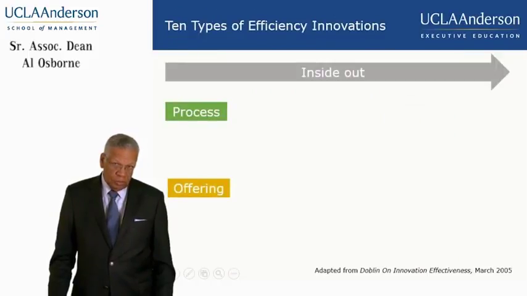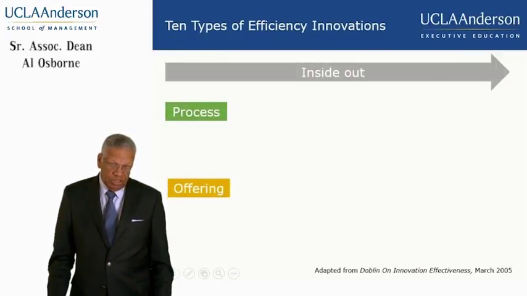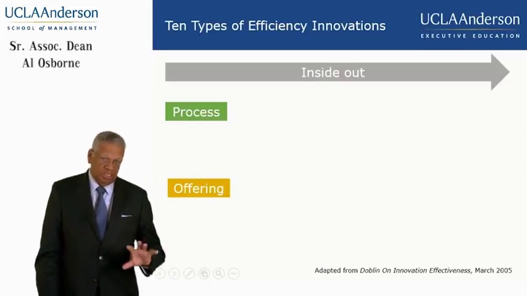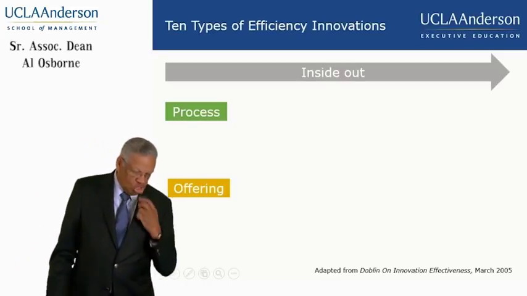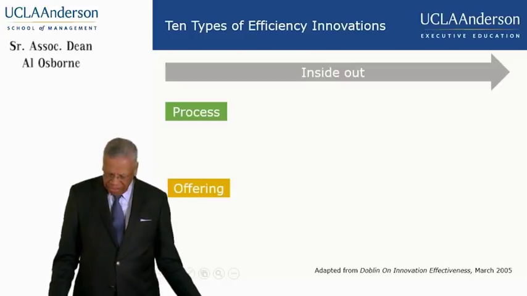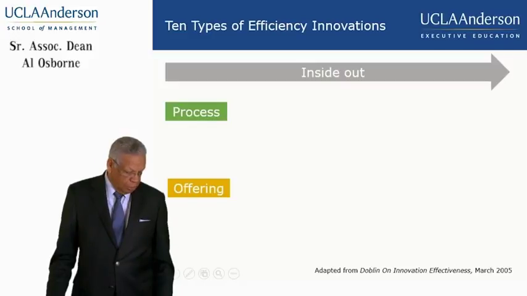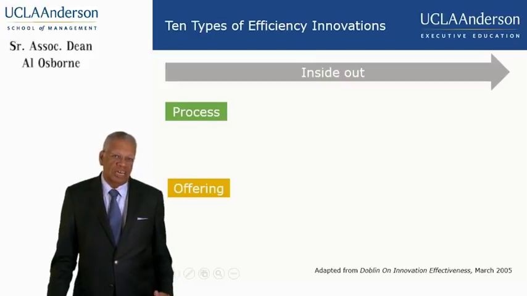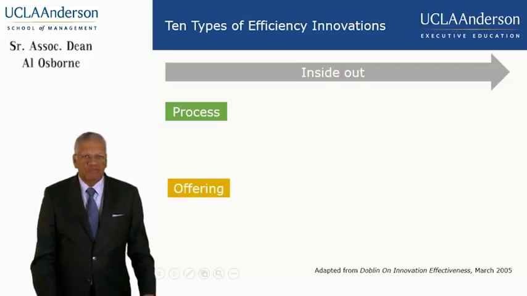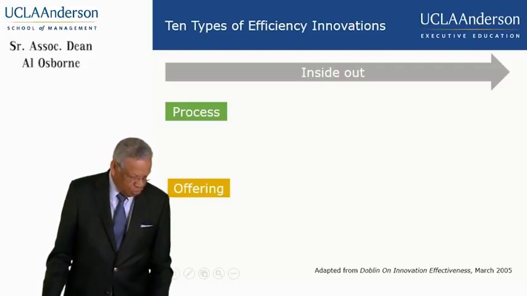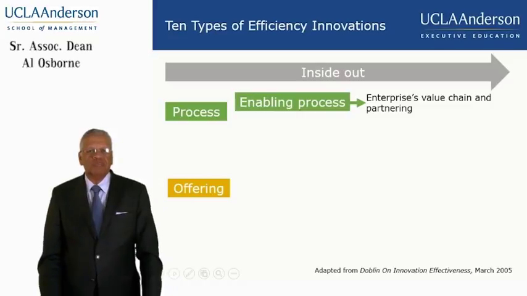And so what kind of efficiency innovations might we see that are present in that example of the robots? Well, there are two ways. There are process innovations, that appear inside out, and there are offerings. And these five approaches can be viewed as types of efficiency innovations. Let me take you through some of them right here.